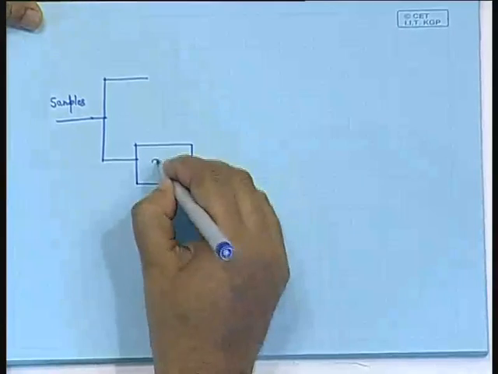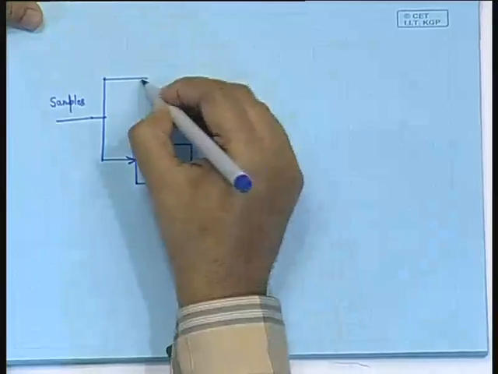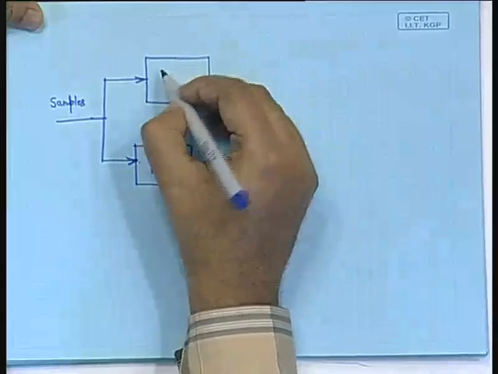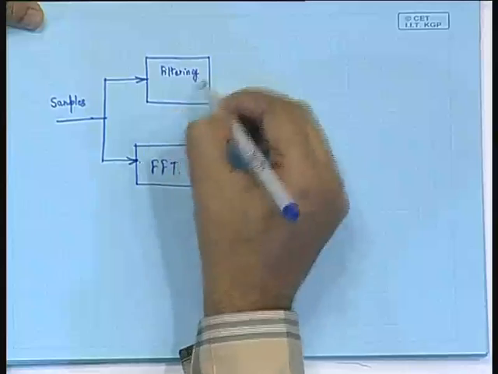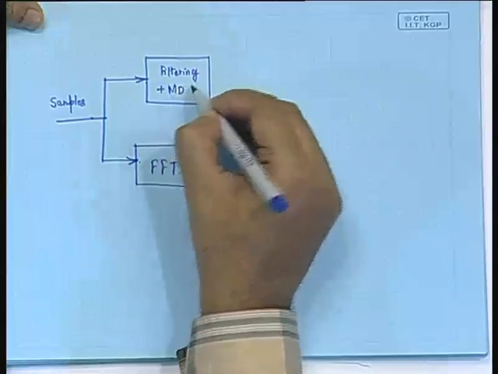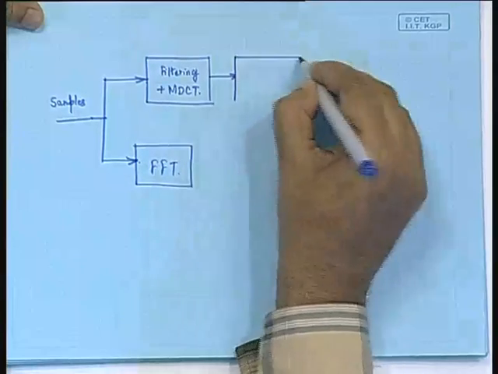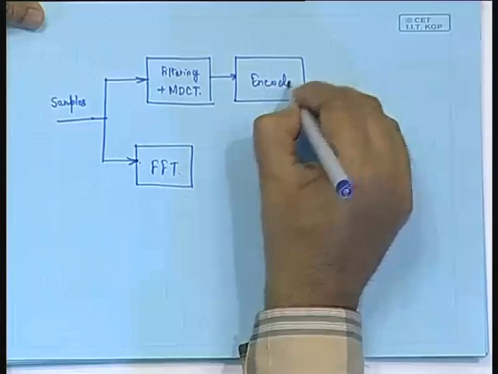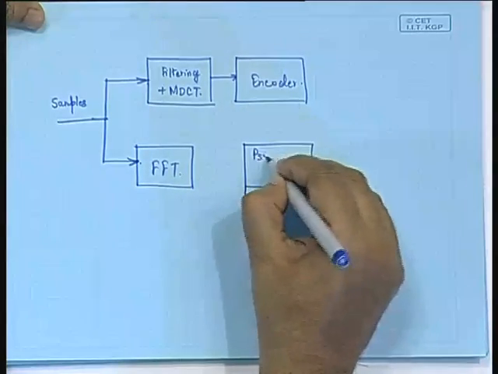In one of the paths we are taking the FFT, and in the parallel path we are having the polyphase filter implementation. So, this is filtering plus MDCT, and then we are having the encoder, where the samples are actually encoded based on the psychoacoustic model.